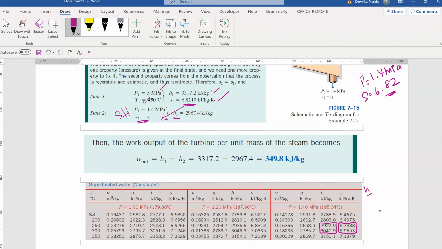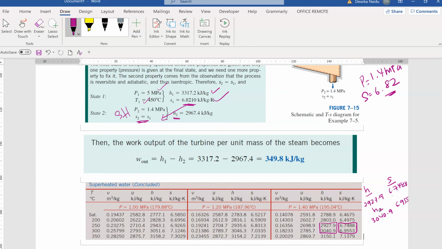I have a very small column here, so I'm just going to interpolate what we have. 2927.9, we don't know, that's the H2. And then we have 3040.9. And then this will be 6.7488, and this will be 6.9553.